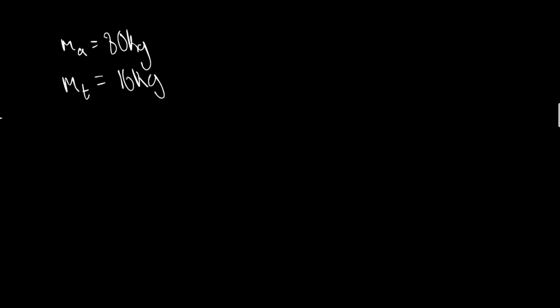So we know that our final velocity for the tank is going to be 2 meters per second because initially both the astronaut and the empty oxygen tank are not moving. So we know our initial momentum is going to be zero.